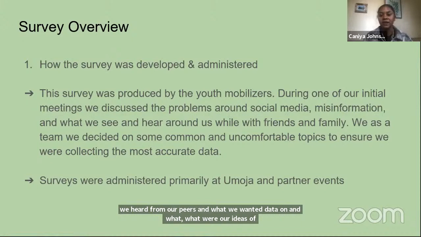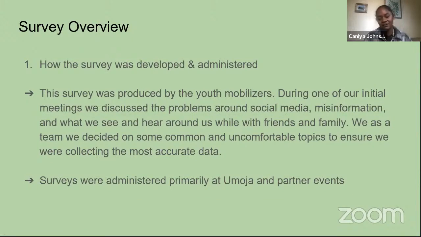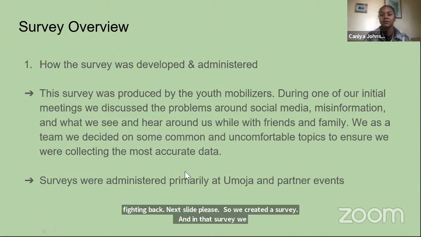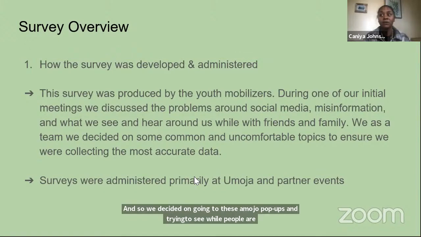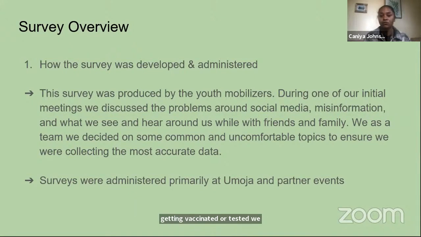In that survey, we have some uncomfortable questions and some general questions just for data collection. And so we decided on going to these emoji pop-ups and trying to see if, while people are getting vaccinated or tested, we can, one, figure out the problem of youth not getting vaccinated, and two, figure out a way to fix this issue.